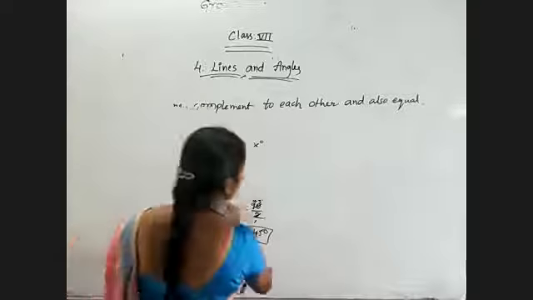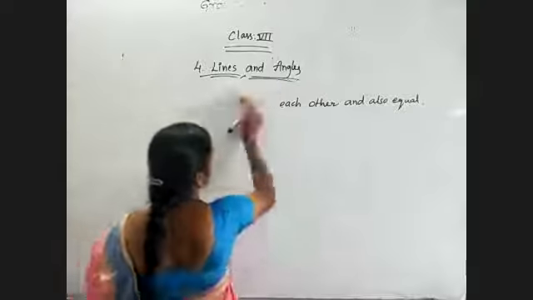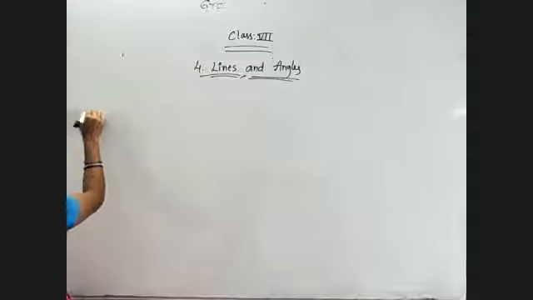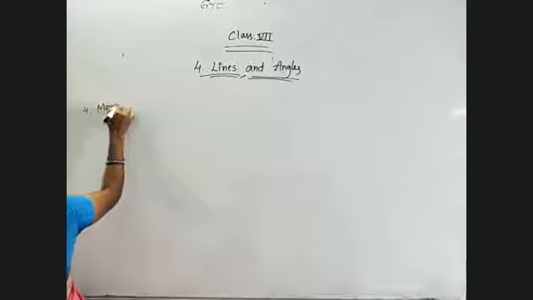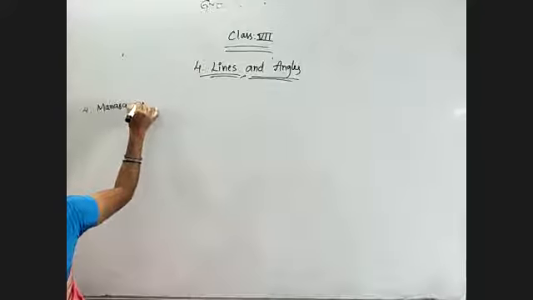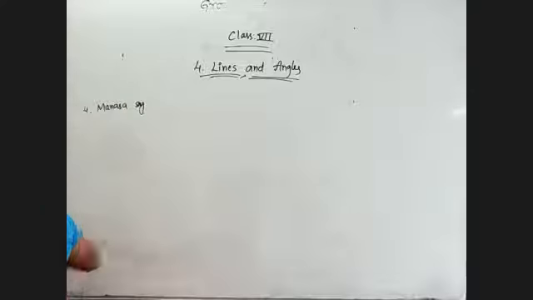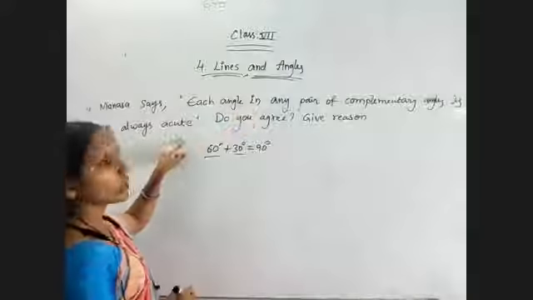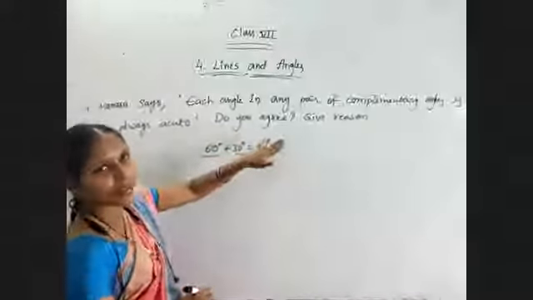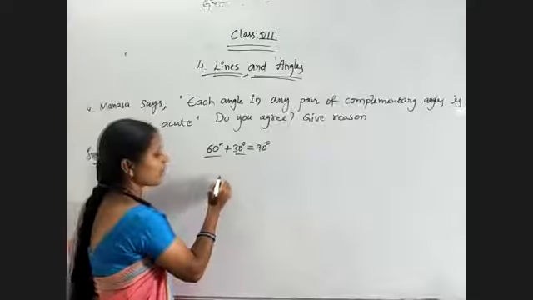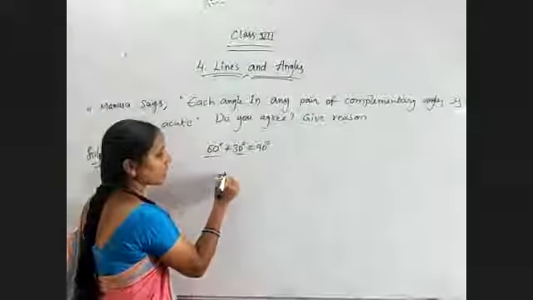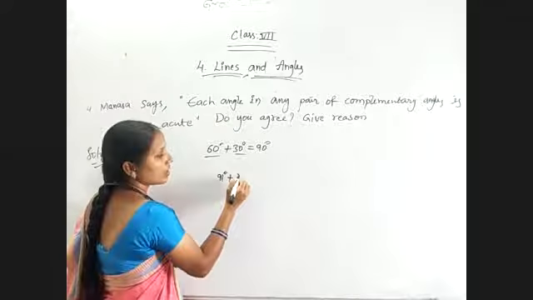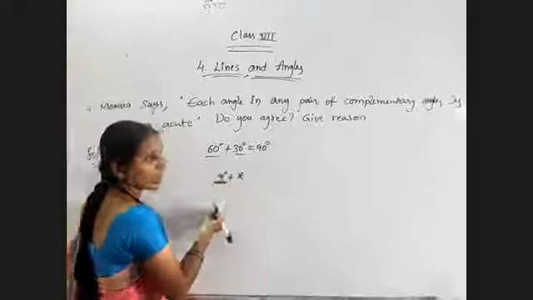So coming to the last question. Now observe that 60 and 30 are acute angles only. Do you agree with her? They are telling, suppose I am taking one of the obtuse angles, 91 degrees, plus another angle. See, 91 is more than 90 degrees.